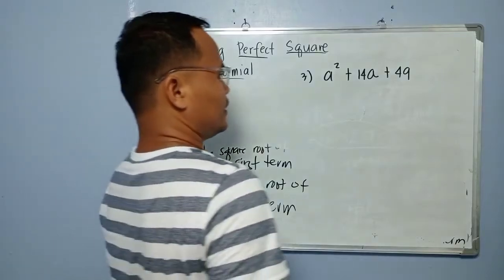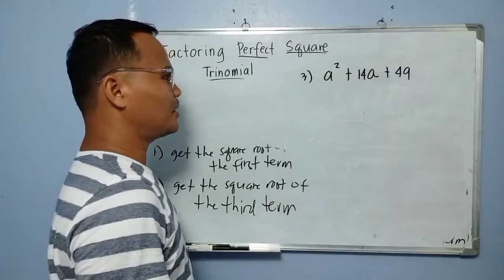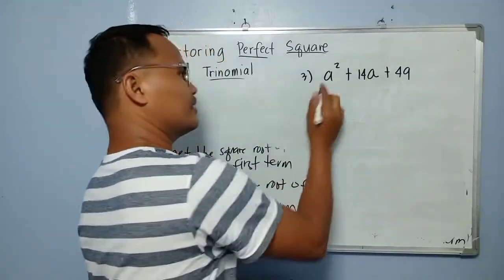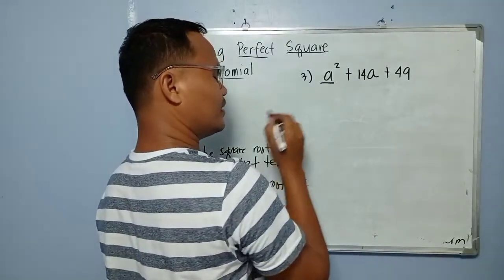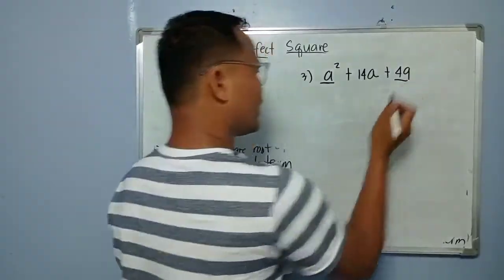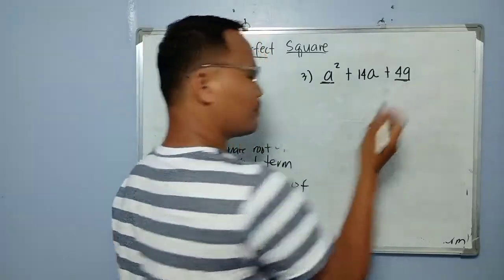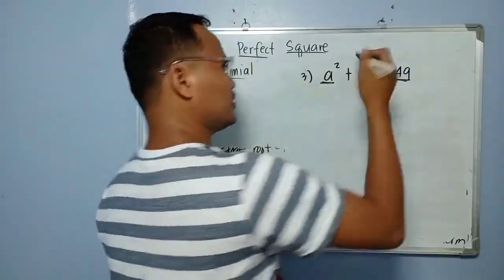Is this a perfect square trinomial? Yes or no? Let us check. Is a squared a perfect square? Yes. Is 49 a perfect square? Yes. First condition is checked.